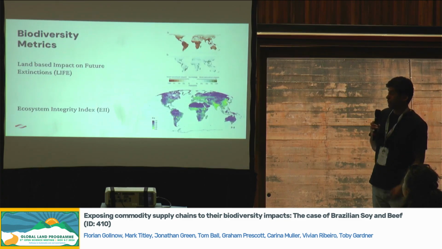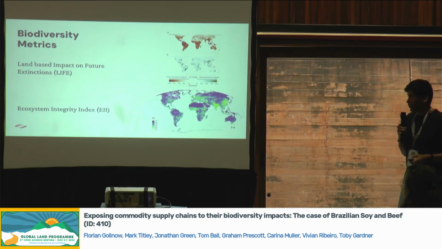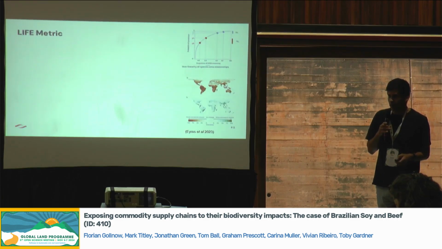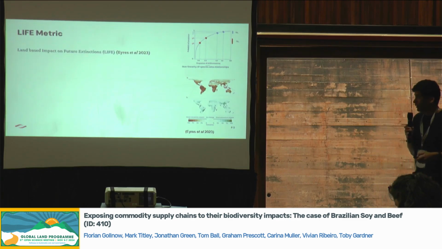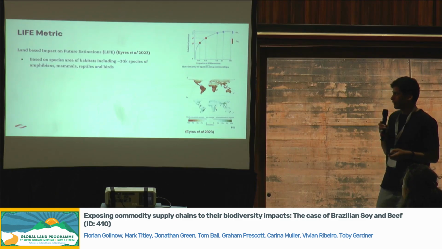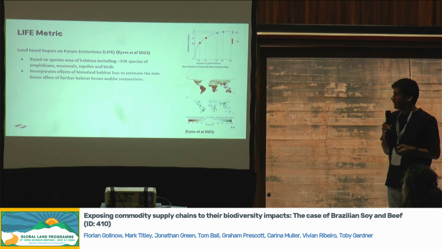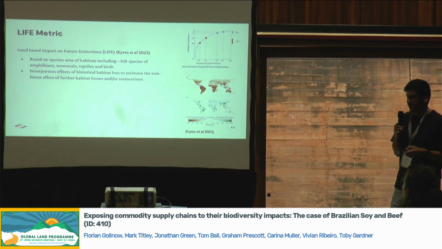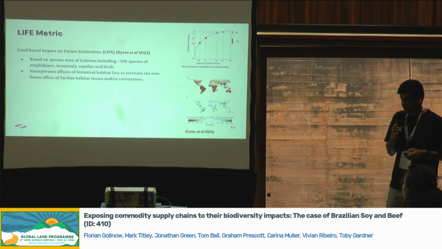I selected two metrics. One which was recently developed, the land-based impact on future extinctions, led by Cambridge University, and the ecosystem integrity index. And I just want to give you a small introduction to those metrics. The land-based impact on future extinctions is based on species-area relationships of habitats, including around 30,000 species, and incorporates the effects of historical habitat loss to estimate the non-linear effect of further habitat losses or restorations.